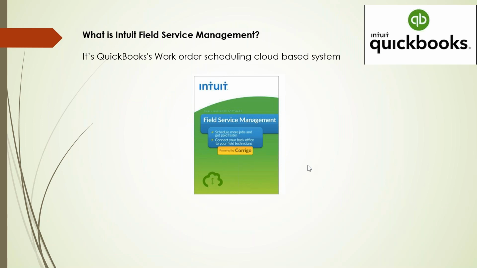It's QuickBooks' work order scheduling cloud-based system, and it's really designed for your service, repair, and equipment maintenance and installation company, and it does talk to your QuickBooks Online and your QuickBooks Desktop.